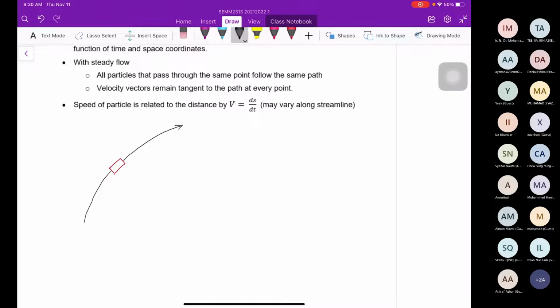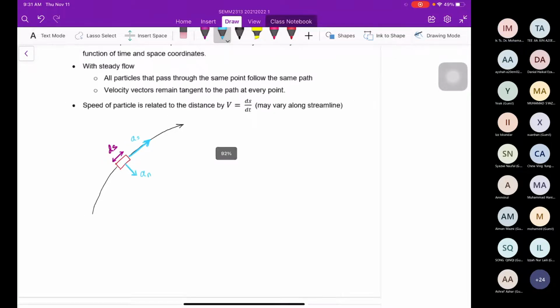Let's say this distance is ds, and it flows from here directly in a straight line. It becomes acceleration in the s direction, following the streamline. This is acceleration normal to the flow.